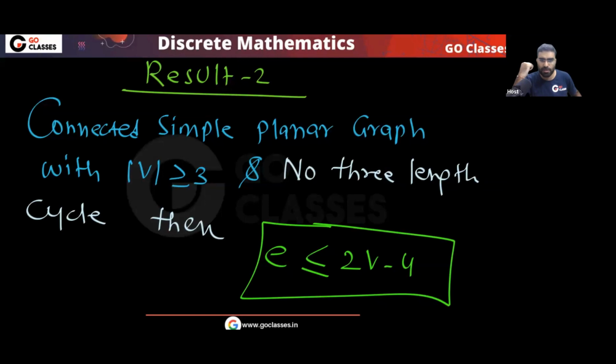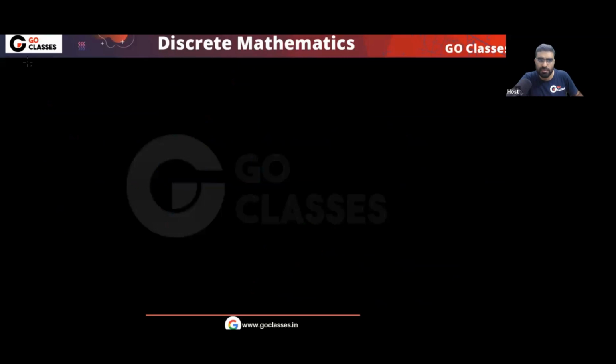Now you tell me a simple point. If you have a bipartite graph, will this be applicable? See, I'm asking a consequence. In a bipartite graph, there is no odd length cycle. Yes or no?